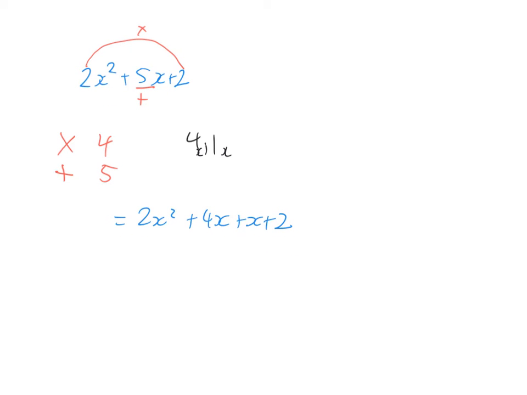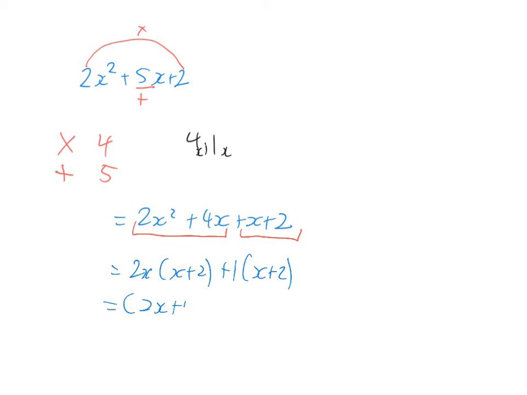Now we're going to do a grouping in pairs strategy. 2x, x plus 2, plus 1, x plus 2. And remember, thinking back a couple of lessons, when factorizing grouping in pairs, this becomes this, only factors this 1, take out a 1, and remember, this is one bracket, and this is another.